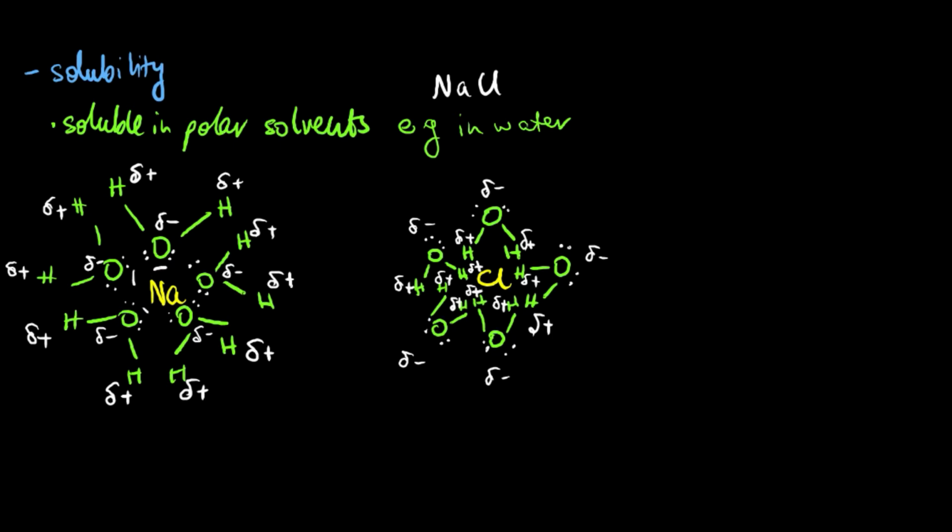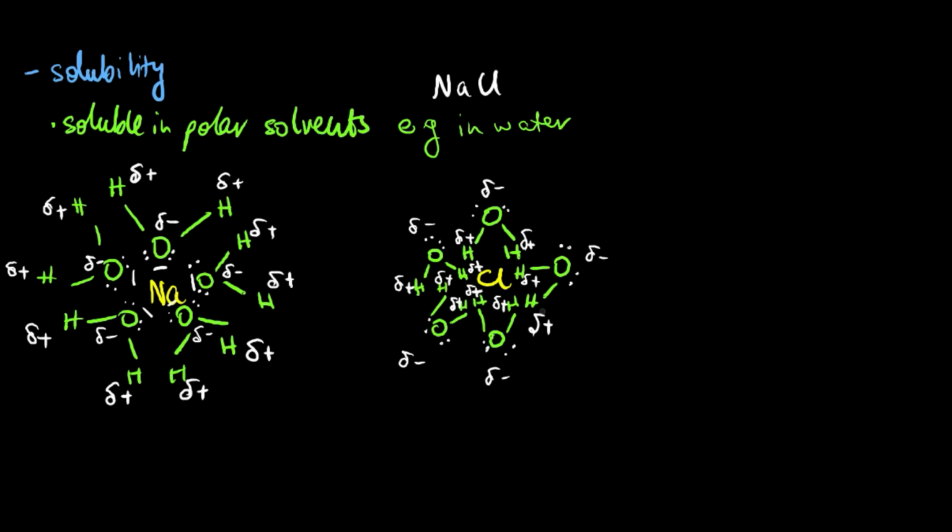You can see that is what is happening over here. The oxygens are attracted towards the sodium, and for chlorine, the delta positive hydrogens are attracted towards it. This delta positive, delta negative labeling and the lone pair labeling that I've done is all because of the difference in electronegativity between oxygen and hydrogen, and this is a topic discussed long ago.